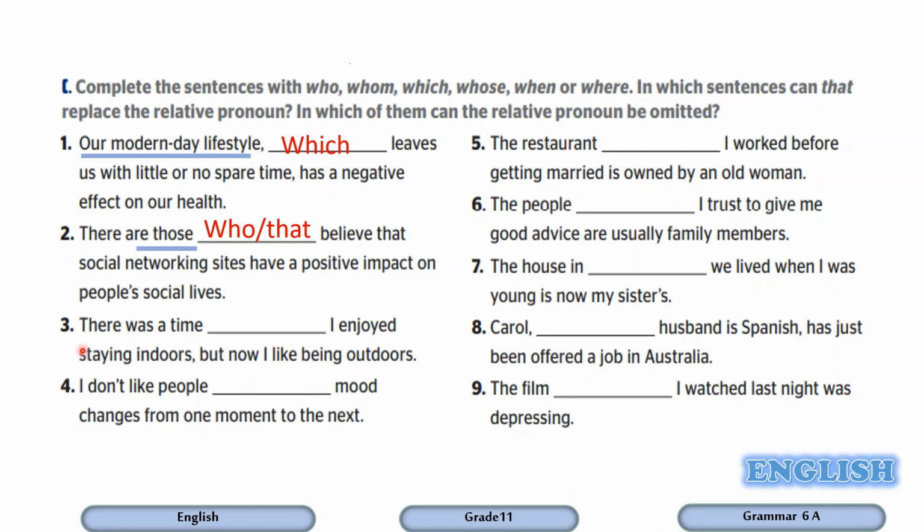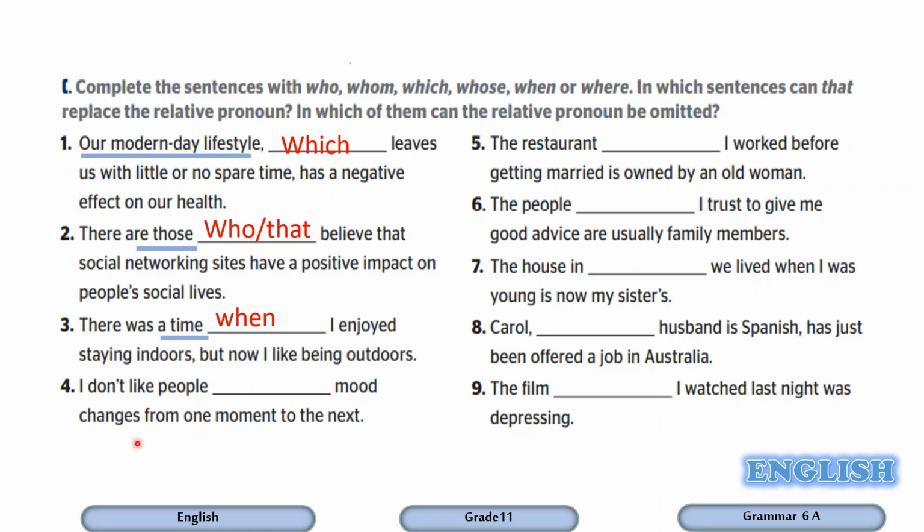Number 3, there was a time I enjoyed. Here we refer to a period of time, so we are going to use when. There was a time when I enjoyed staying indoors, but now I like being outdoors.